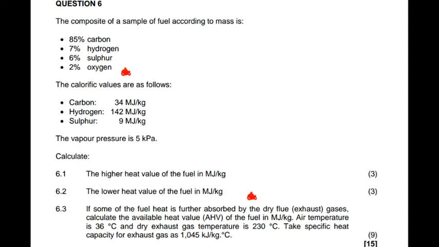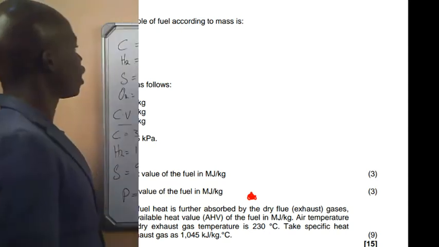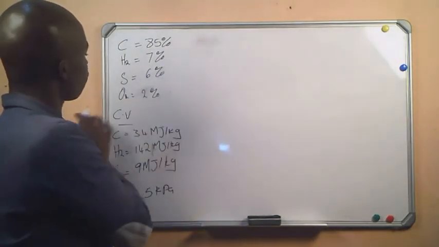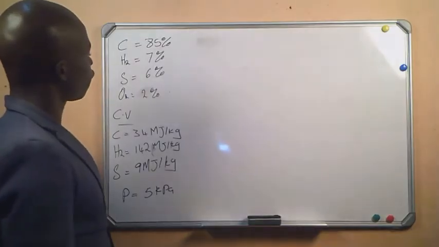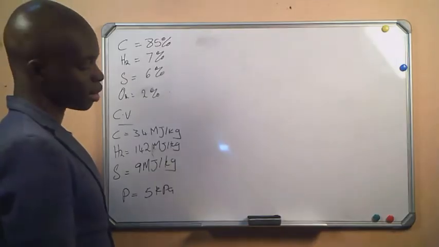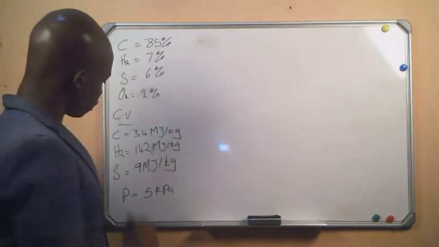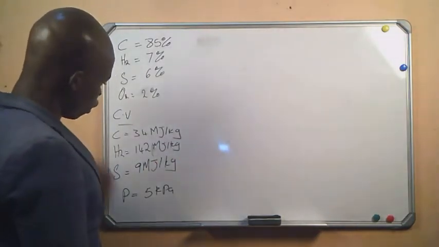And then the question says: calculate the higher heat value of the fuel in megajoules per kg. So they gave us the analysis of the molecules that are in the fuel, and their calorific values.